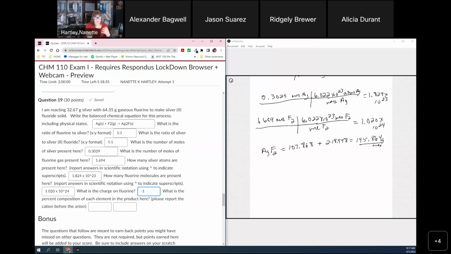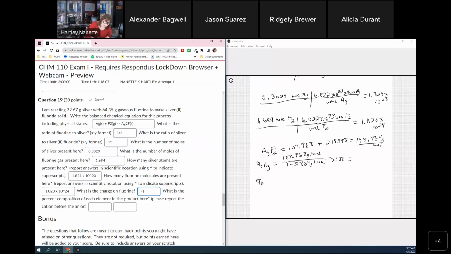That's the total mass. If I want a percent composition, I need to look at the mass of each component. So percent Ag is going to be equal to the mass of Ag. There's 1 Ag, so it's 107.868 grams per mole, divided by the total mass, 145.864 grams per mole, times 100.